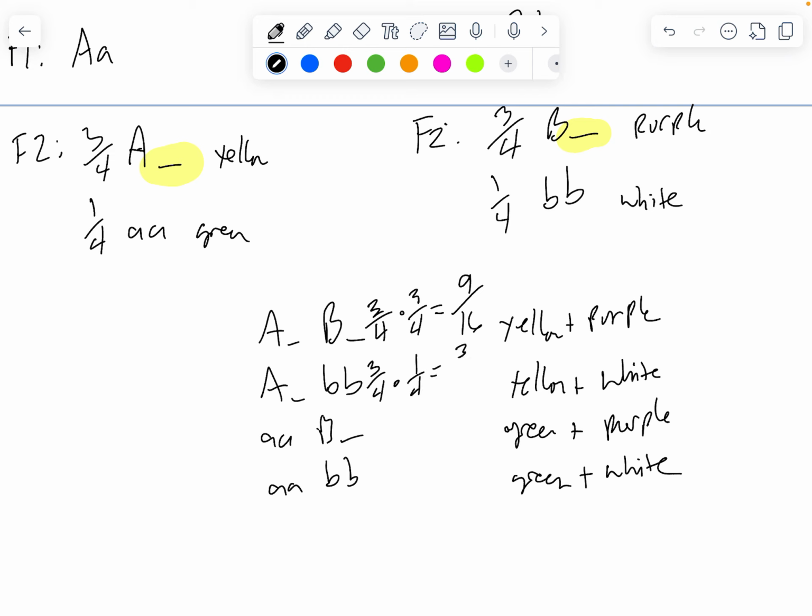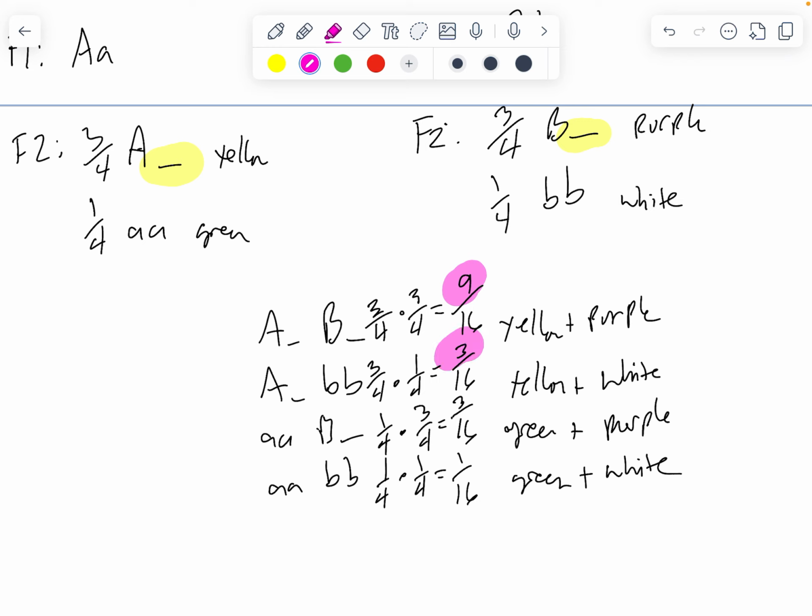So that equals 3/16. Little a is 1/4. Big B is 3/4. So that's 3/16. And little a is 1/4, and little b is also 1/4. So that equals 1/16. So now we have our 9 to 3 to 3 to 1 ratio.